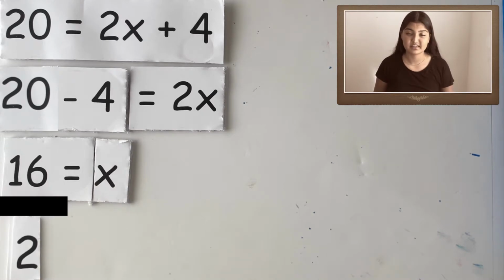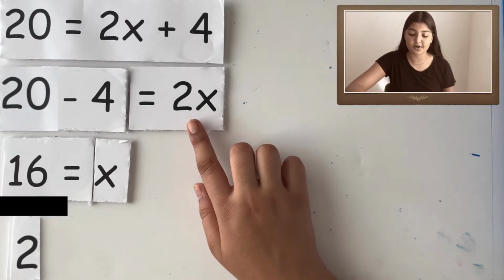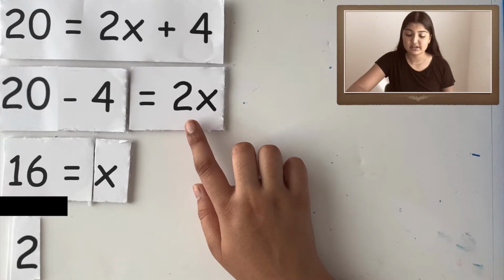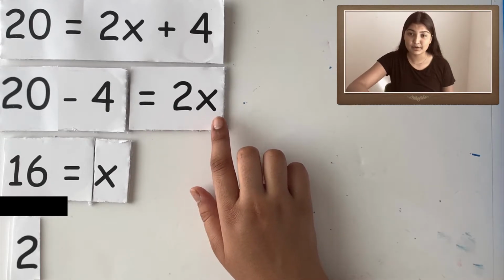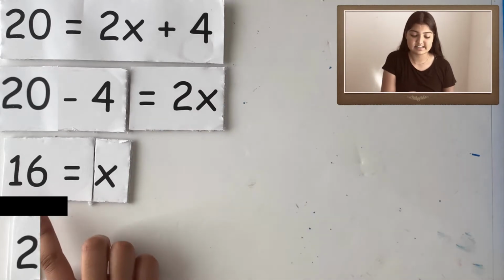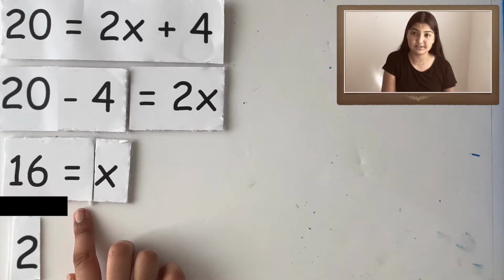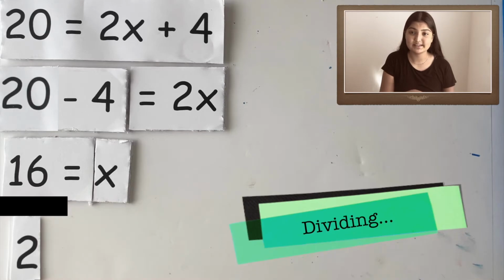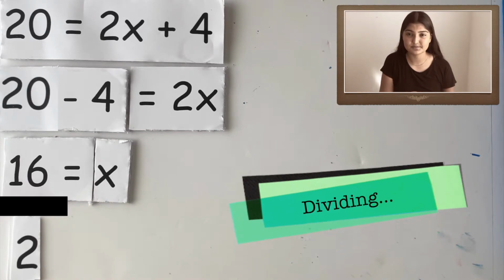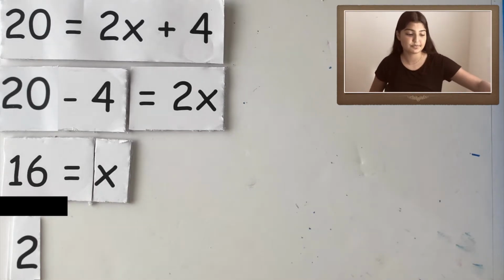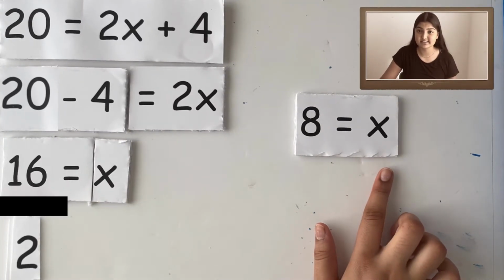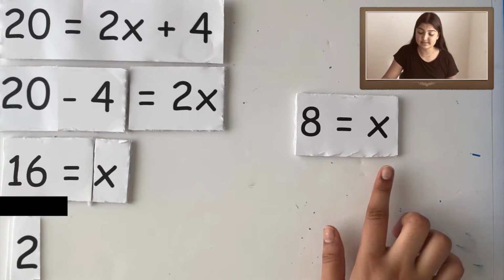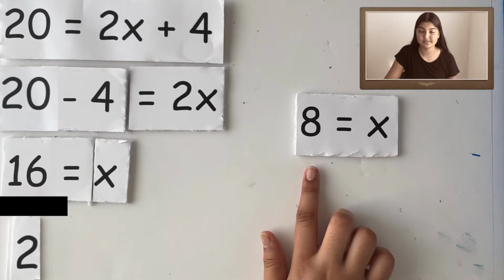Notice that before, 2 was multiplied to x, but when we moved it to the other side of the equal sign, 2 is now dividing. So 8 is equal to x, or the value of x is 8.